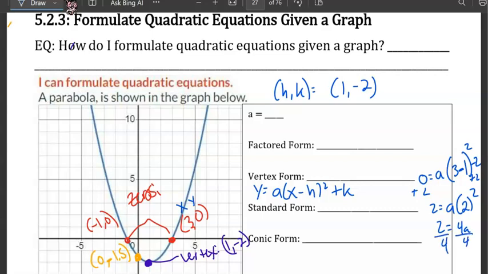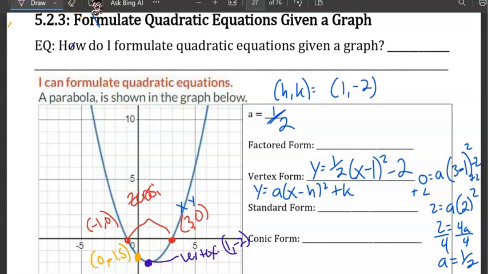Divide by 4. A equals 1/2. So from finding that, we know that A is going to equal 1/2. Also from that, we know the vertex form. Y equals 1/2 x minus 1 squared minus 2.